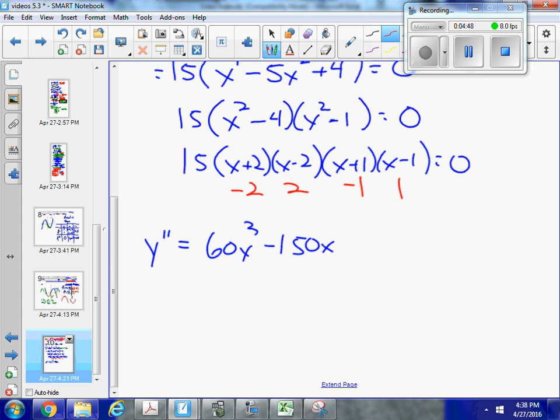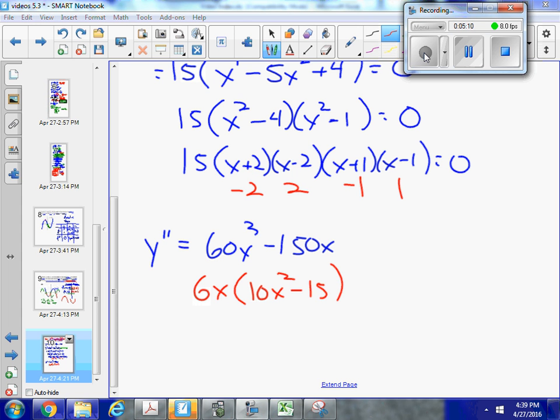So now I want to use the second derivative test to find out whether I have local minimums or maximums. So I'm going to factor the second derivative.